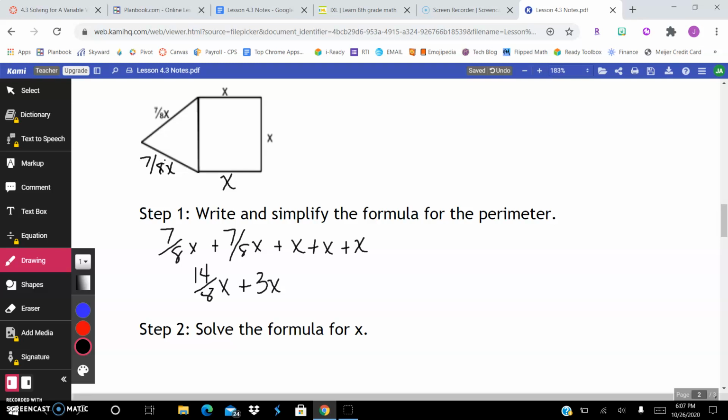And then if we add those together, 14/8 is the same thing as 1 and 6/8, and 1 and 6/8 is the same thing as 1 and 3/4. So 1 and 3/4 x plus 3x is going to give us 4 and 3/4 x. And that would equal the perimeter.